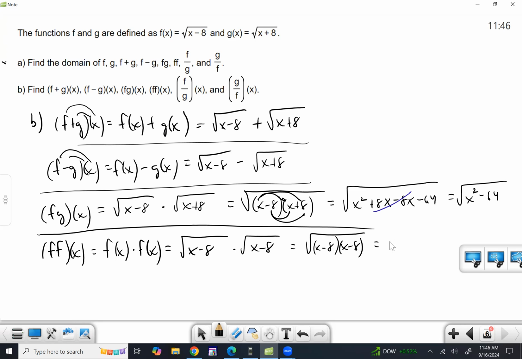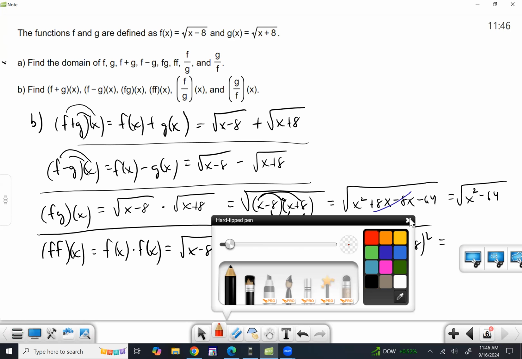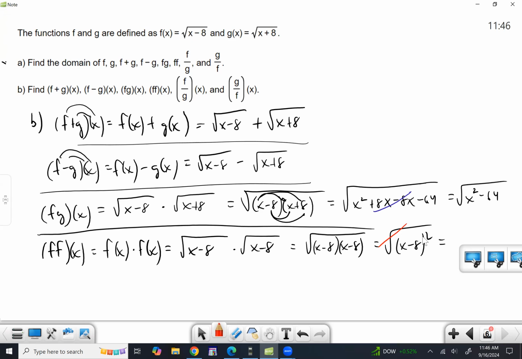Well, another way to write that is x minus 8 squared. Why I want to write it like that is because a square and a square root undo each other. So we would just have x minus 8. We don't have to do all the math like we did on the last problem. So just the x minus 8 will survive on that one.